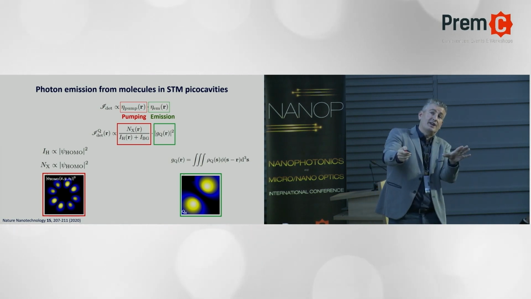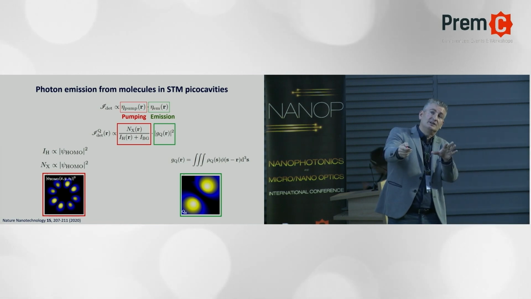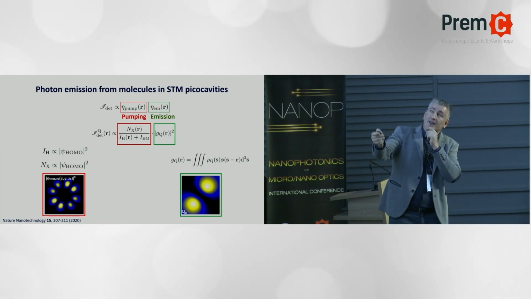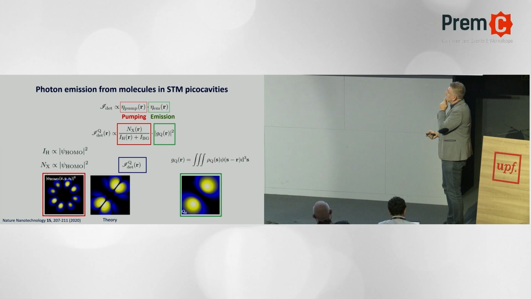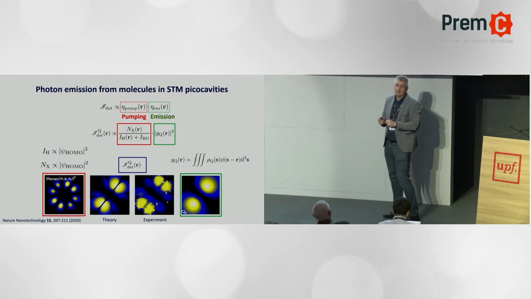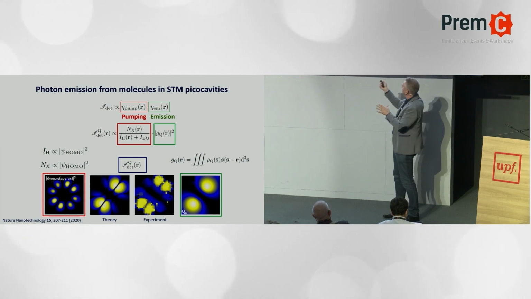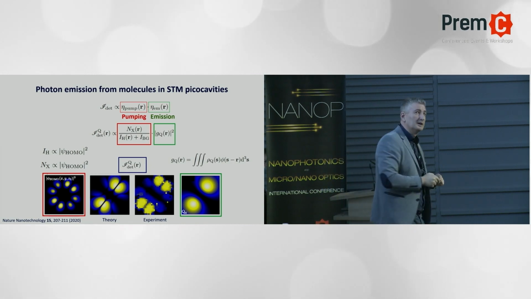This is pure electronics, orbital. And when you multiply the pumping rate through the HOMO by the photonic density of states, you obtain the final emission probability, which looks exactly like the experimentally obtained intensity map. So now you understand that this is a convolution of photonic information, dipolar photonic information, and electronic information of the orbital. Okay, it's very nice.